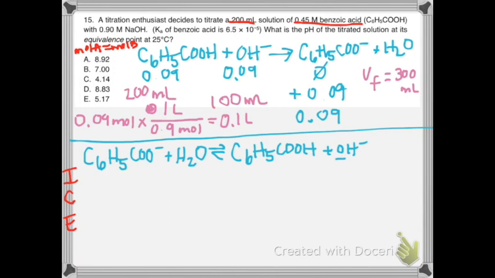And so now we can take our 0.09 moles of the benzoate and put it in the 300 mils, or the 0.3 liters. Okay, because molarity is moles per liter. And so this will give us 0.3 molar.